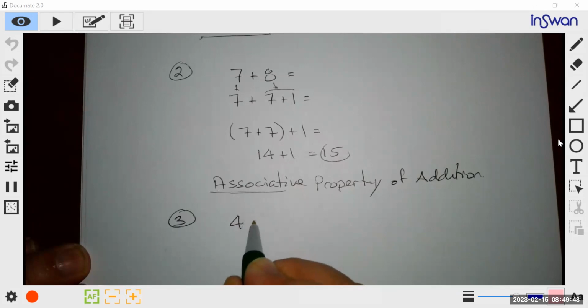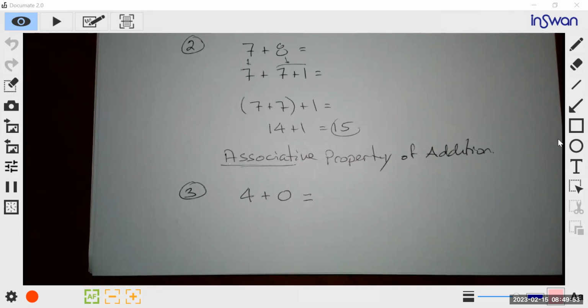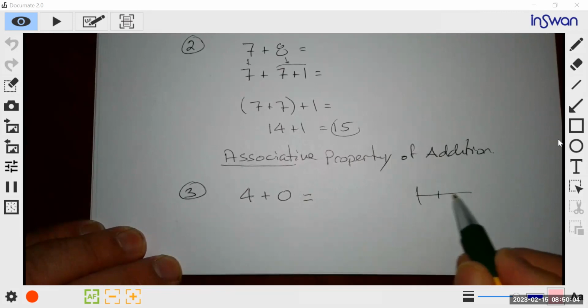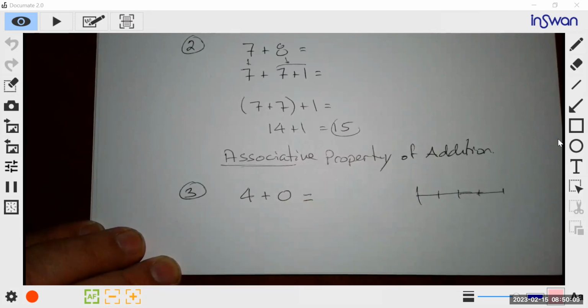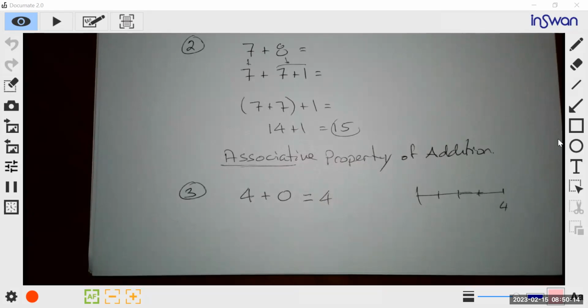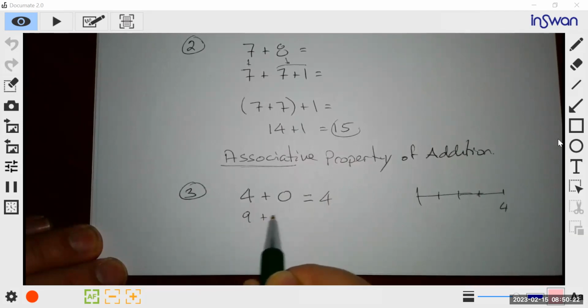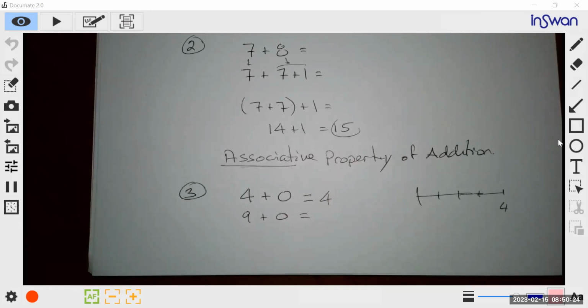And we also can show that, how would you do this on a number line? You start at 0, move over 4 spaces, 1, 2, 3, 4, and don't go any further. So you end up at 4. Nine plus 0 equals what?